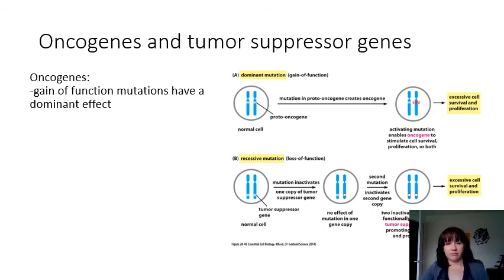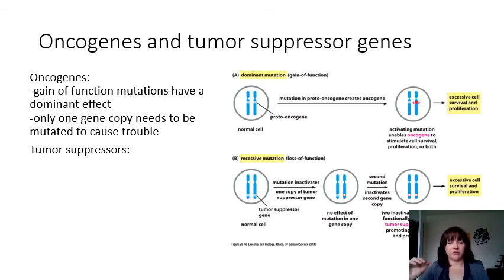The other type of gene that we're going to talk about are tumor suppressor genes. So these are genes that usually tell the cell to stop, to not progress through the cell cycle. We talked about genes that sense whether or not there's DNA damage. They sense whether or not the DNA has been divided properly during mitosis. And if something is not right, they put on the brakes, right? And they say, stop.